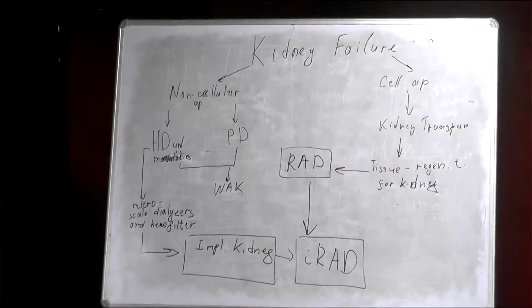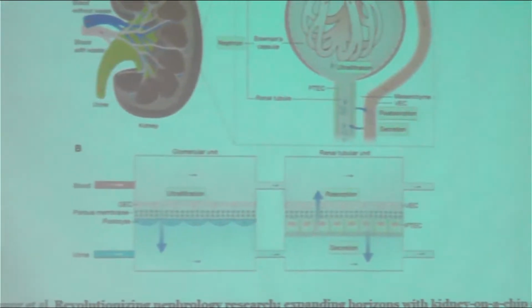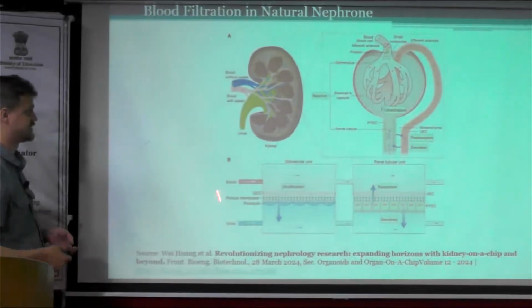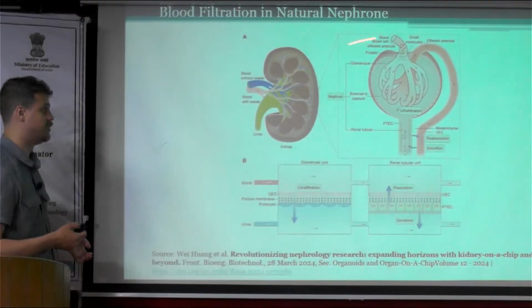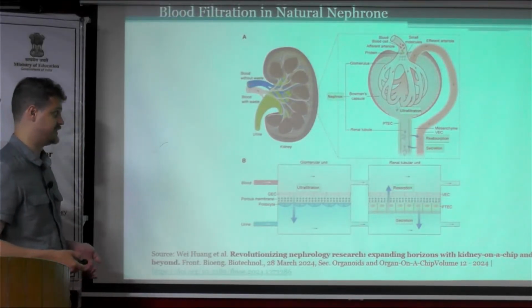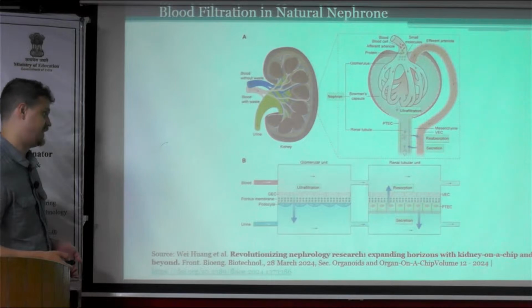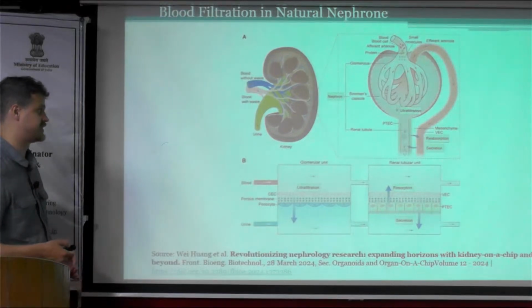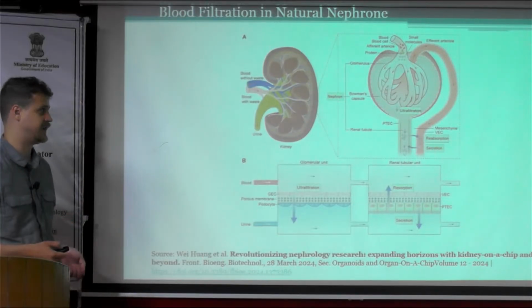So just continuing the main idea behind the implantable kidney, let's summarize what exactly we have to imitate inside of this system. If we remember the first lecture, we are talking about the nephron as the structural unit of the kidney.